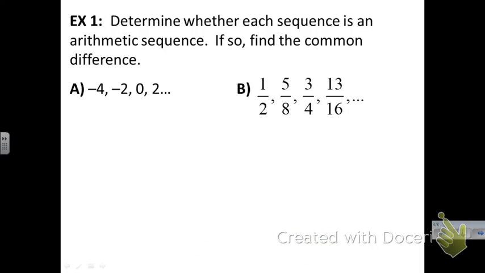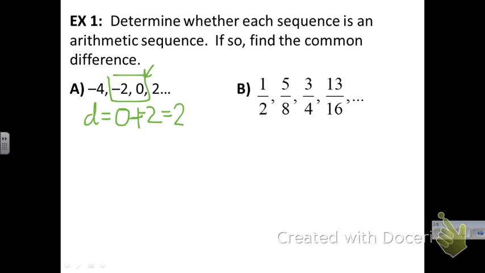Okay, so in example 1, we're going to determine whether each sequence is an arithmetic sequence, and if so, find the common difference. There are a couple ways to do this. I'm going to look at these two values to find the common difference. We take the last term, 0, and subtract the previous term, minus a negative 2. Because there's two negatives, it becomes a positive. So we see that the common difference is 2.